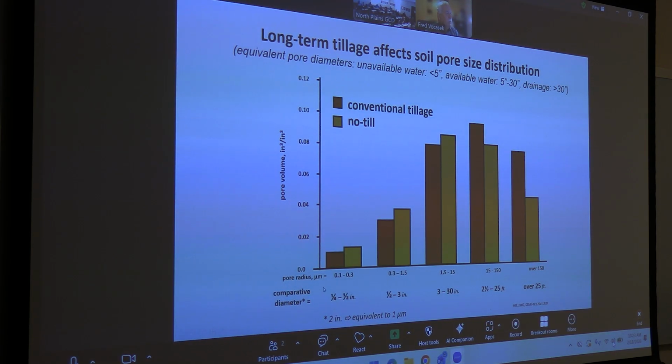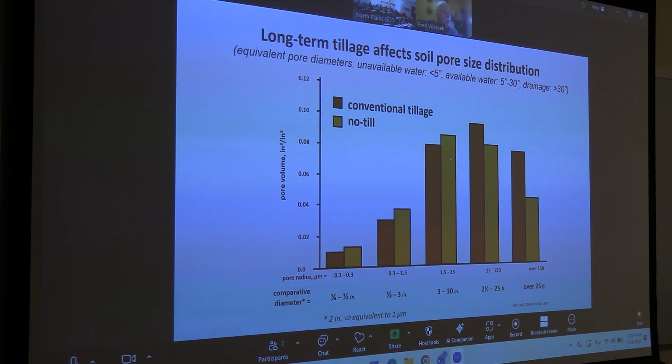A poor grad student had to figure out these different pore sizes by microns, and I've done the calculations back to our pipe sizes for comparison. Up here is unavailable water, this is the pore size where we have unavailable water, our readily available water is in this pore size, and then our drainage is this size of pore space.